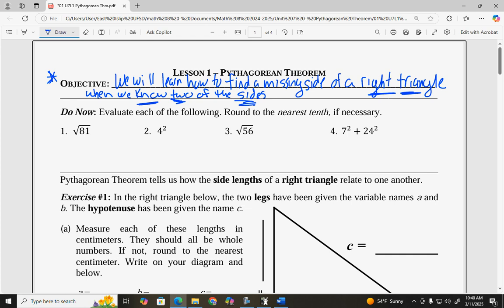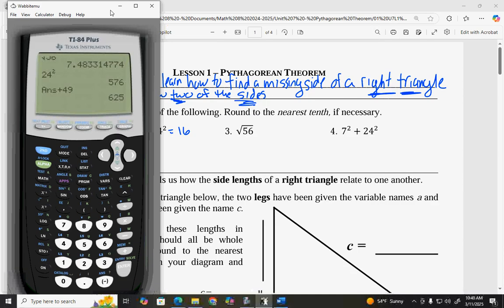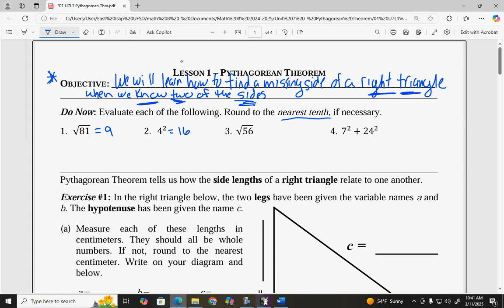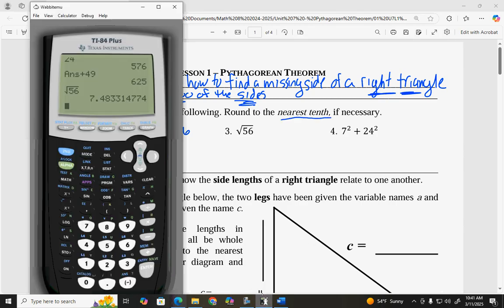When you did the do now, hopefully you said that this turned out to be 9. This is 16. And then on number 3, I did have to round. So if we take a look at what the calculator says for the square root of 56, I see it's an irrational number because my screen is full of digits. It tells me in the directions I can round to the nearest tenth.